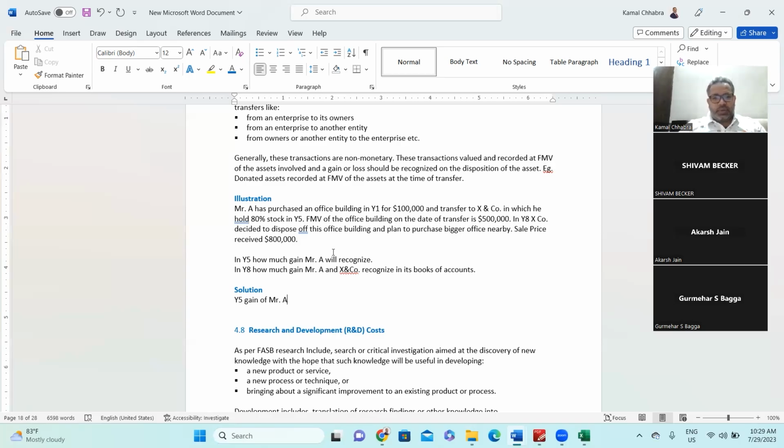Right? So Mr. A has purchased an office building in year 1 for $100,000, and transferred it to Action company, in which he is holding 80% stock, in year 5.